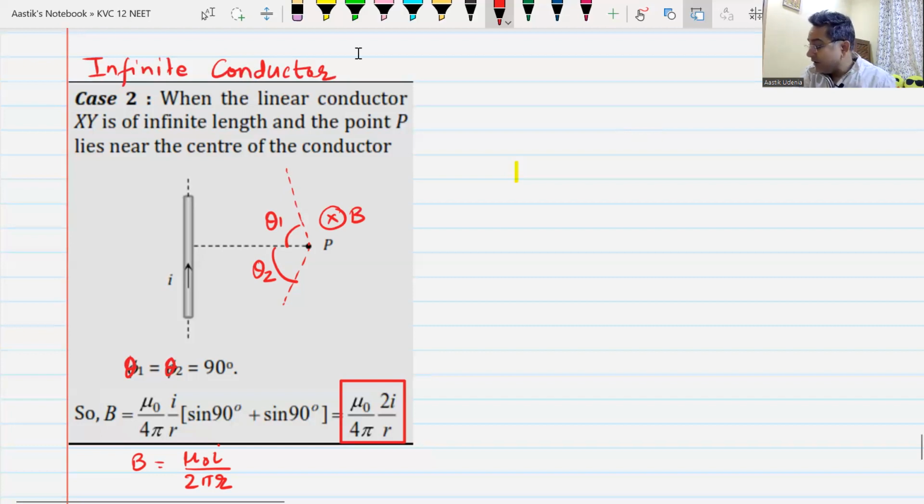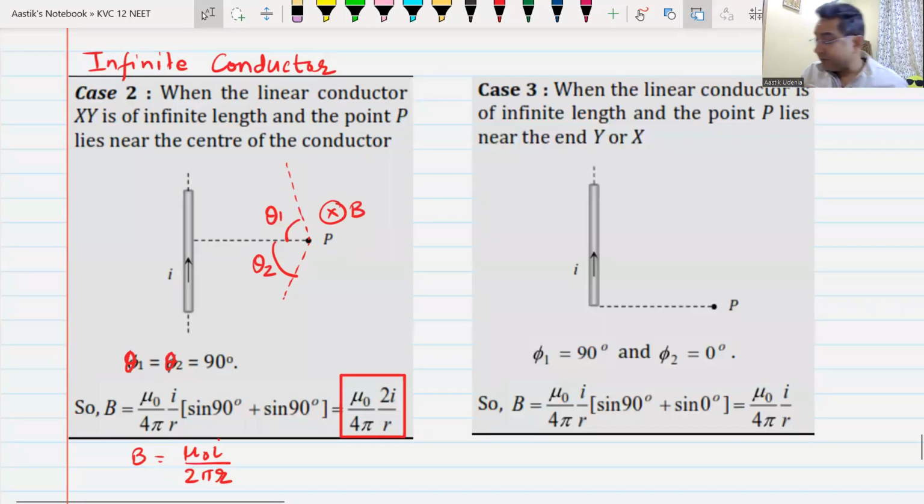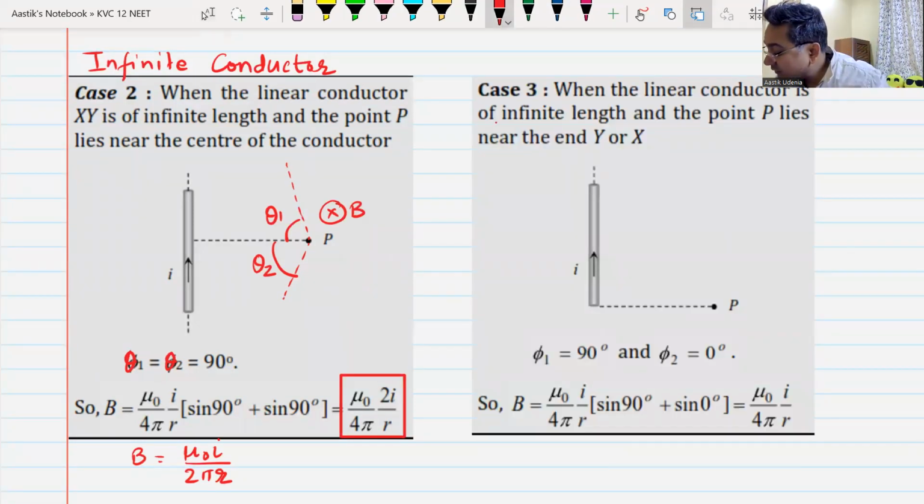One more peculiar case comes here when we have a semi-infinite wire. When I say semi-infinite wire, I mean we have one end, and it is infinite in one direction.